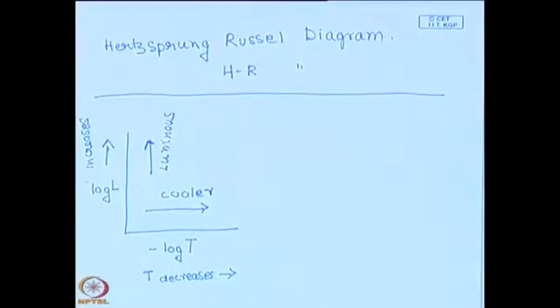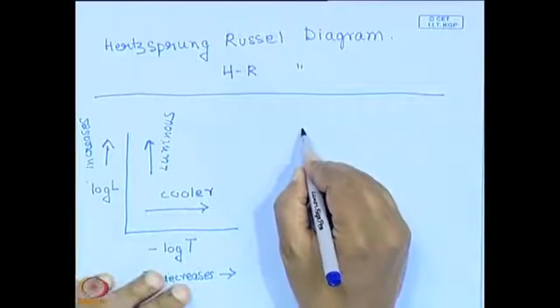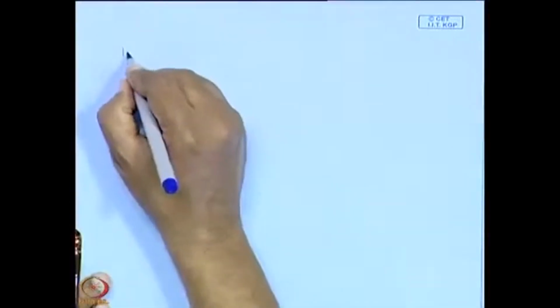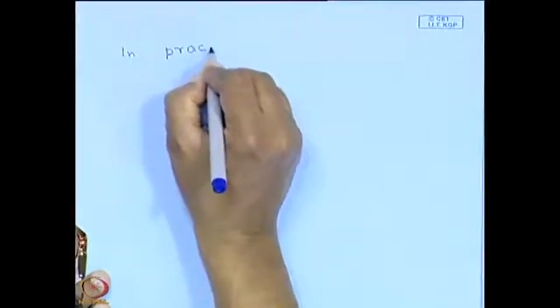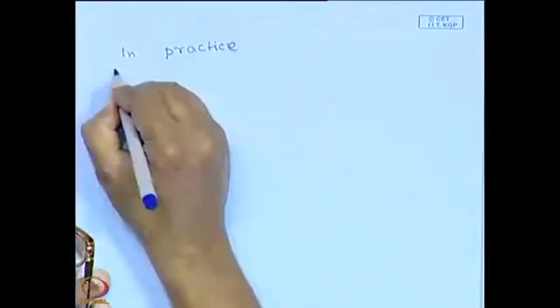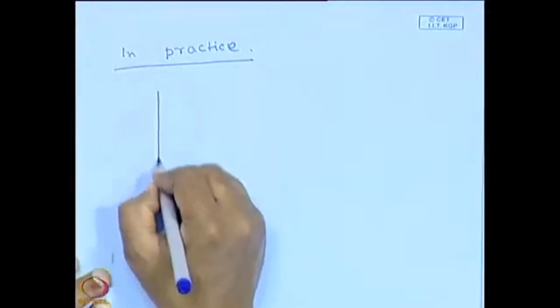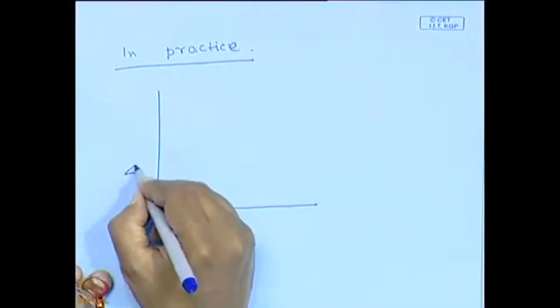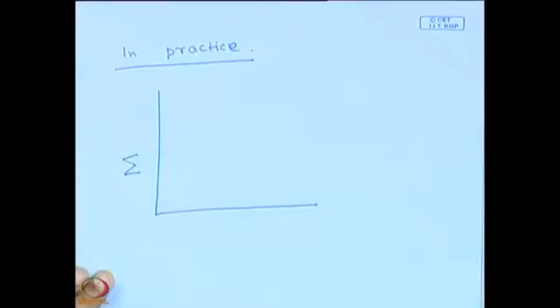In practice, you cannot observationally determine these two things. From the observational point of view, let me put it in a different diagram. In practice, what you plot is the absolute magnitude in some band, let us say in the V band.